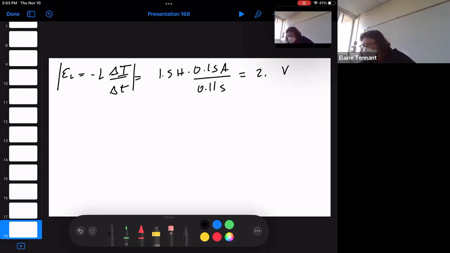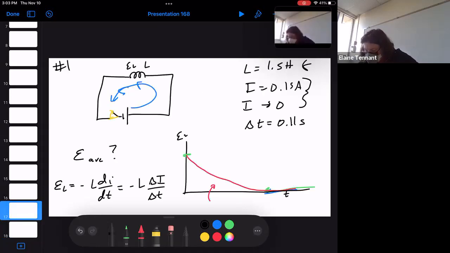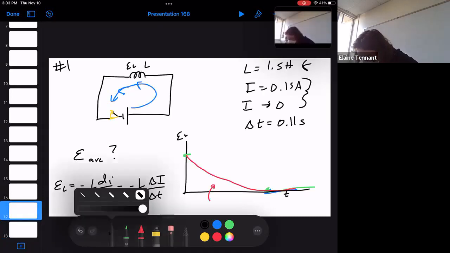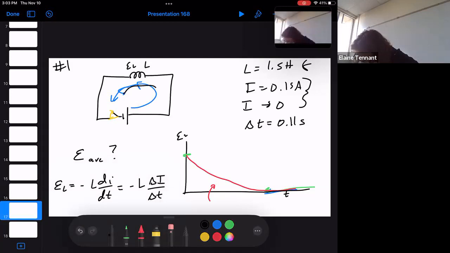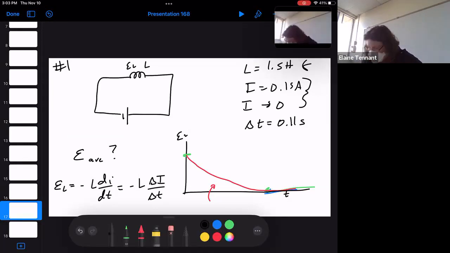Let me ask you a question. So we had this situation. It was closed like this. Which way was the current going around this circuit before the switch was opened?